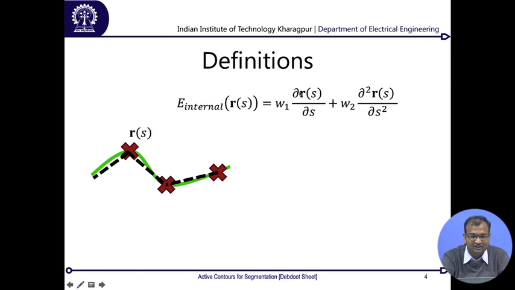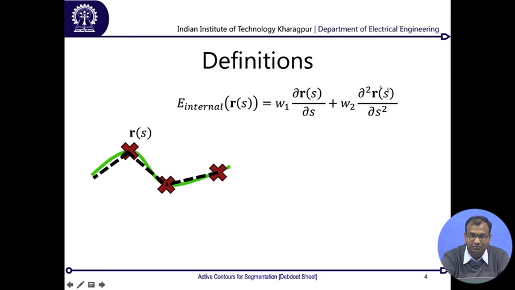This is del r del s, a vector of del x with respect to del s i cap, and del y with respect to del s j cap. This is how the first term will be broken down.